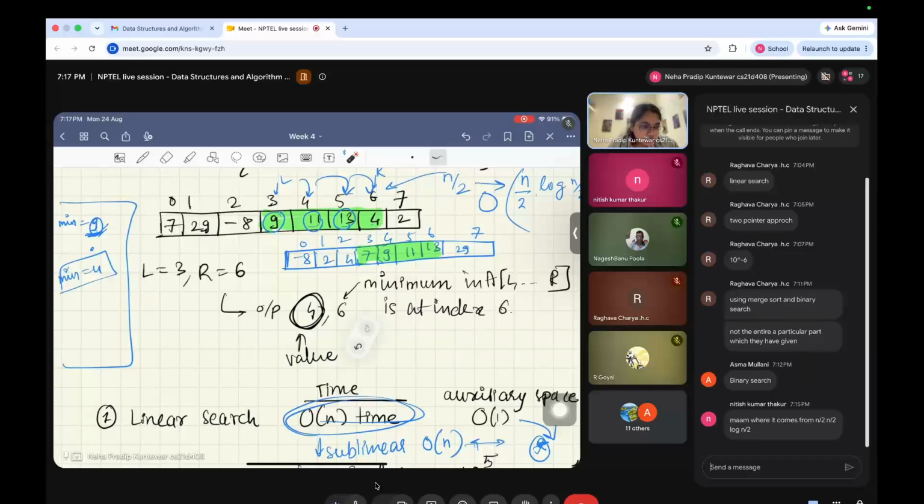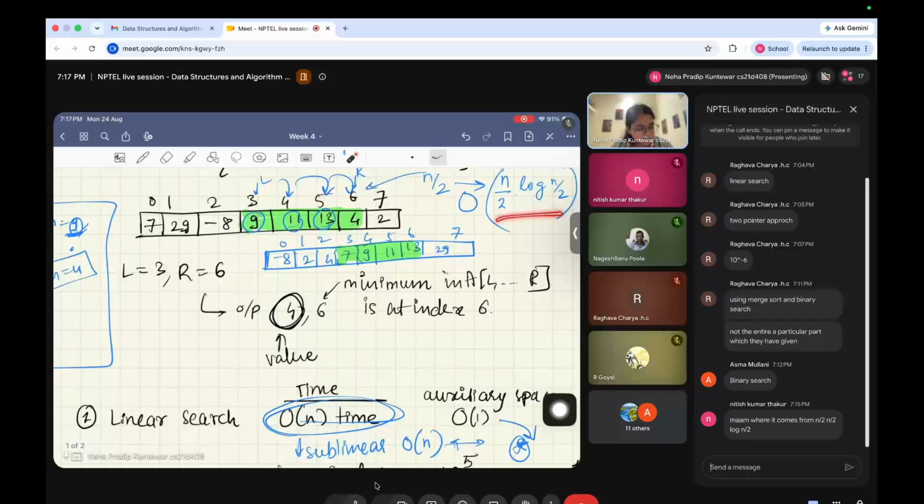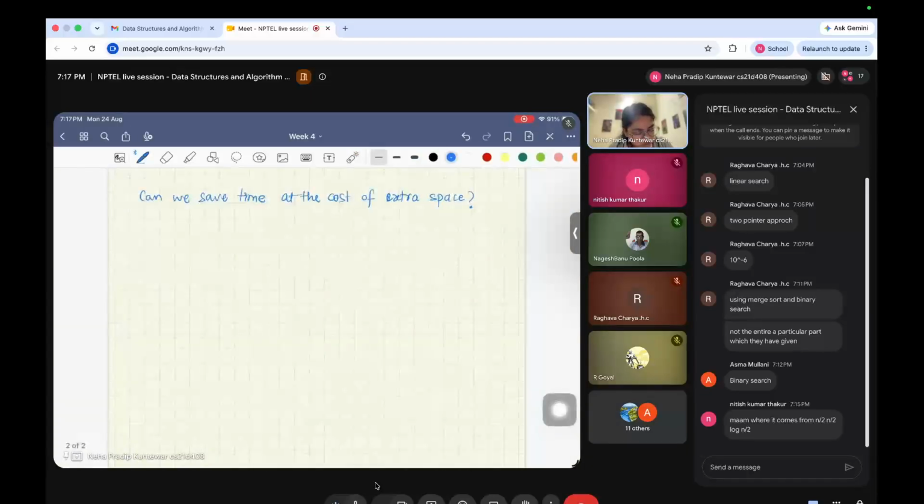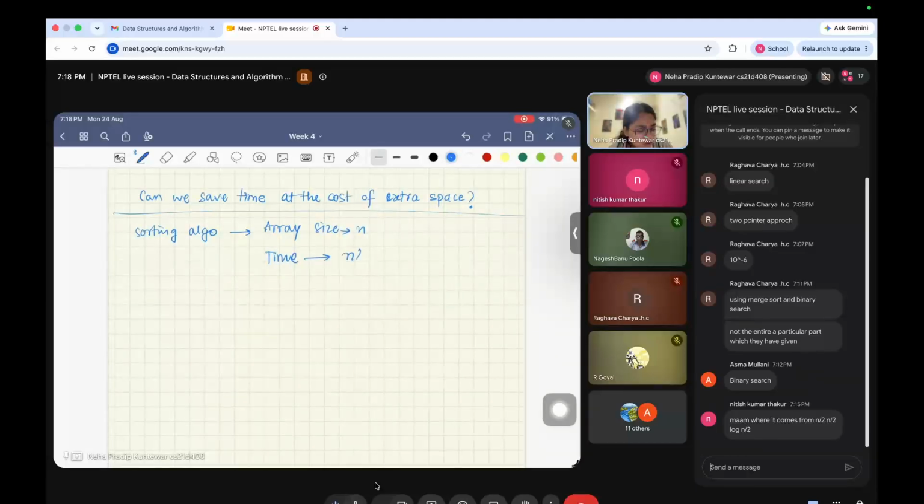Okay, there's one answer in the chat. It is n by 2 log n by 2. This is because if you apply any sorting algorithm on an array of size n, then the time that you will need is n log n.